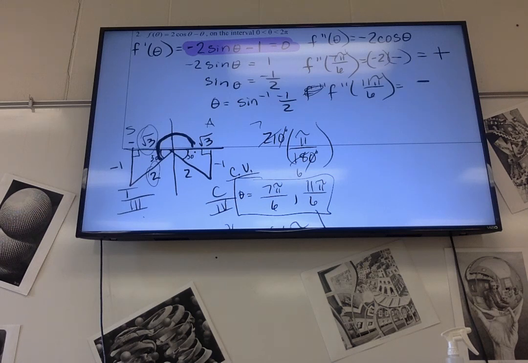So 7 pi over 6 is a relative min because f double prime at 7 pi over 6 is positive, concave up, and 11 pi over 6 is a relative max.